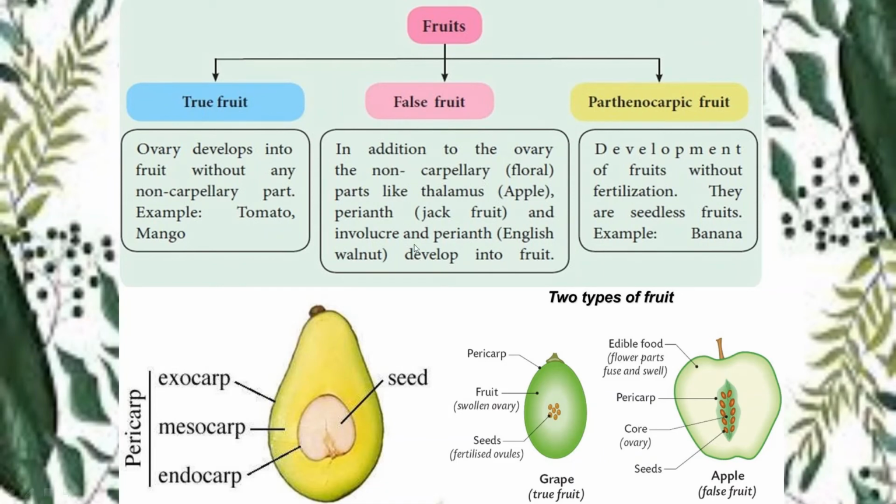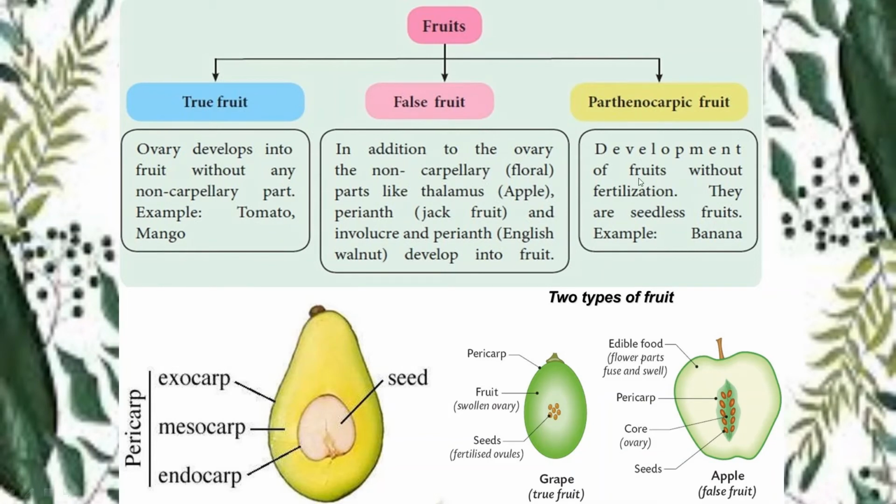So all these non-carpellary parts develop into fruit. In a true fruit, the ovary develops into fruit without any non-carpellary part. Here, in addition to the ovary, the non-carpellary parts also develop into fruit.